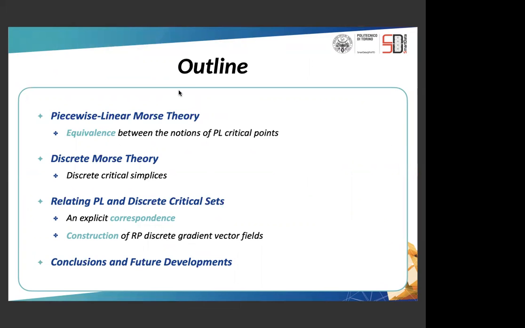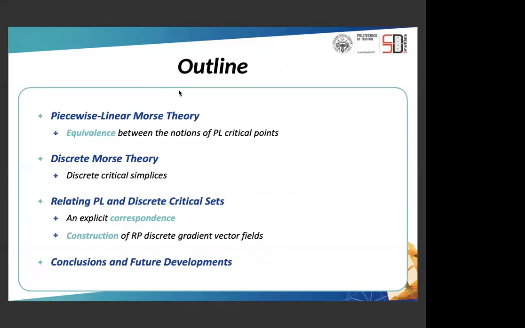Then we will be ready to claim the correspondence between these two sets of critical elements, and this correspondence will be realized under the hypothesis of having a relative perfect discrete gradient vector field.